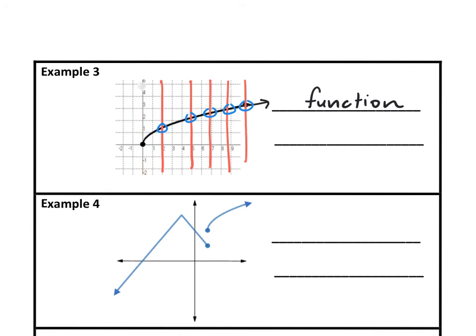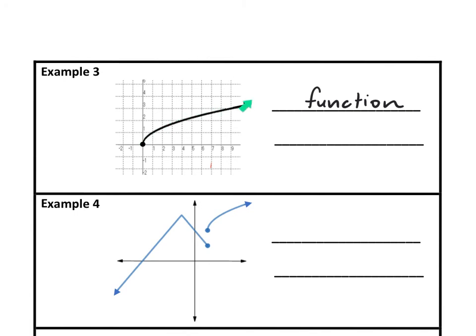So let me go ahead and erase this again. The next thing we have to decide is if it's continuous or discontinuous. Since this is the entire function or graph, let's check from start to finish.